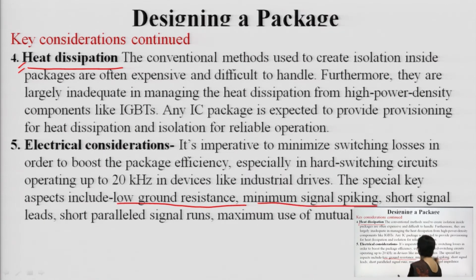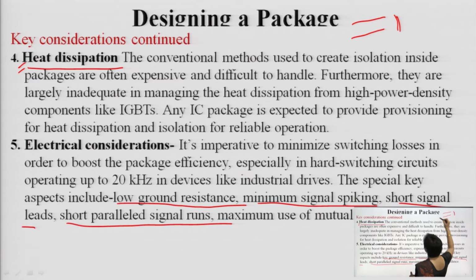You have minimum signal spiking encountered. You have short signal leads, so that contact resistance or wire interconnect resistance is minimized. You have short paralleled runs. That means if two interconnects, this is interconnect 1 and this is interconnect 2, are running parallel, and the current density is high, that can lead to crosstalk.